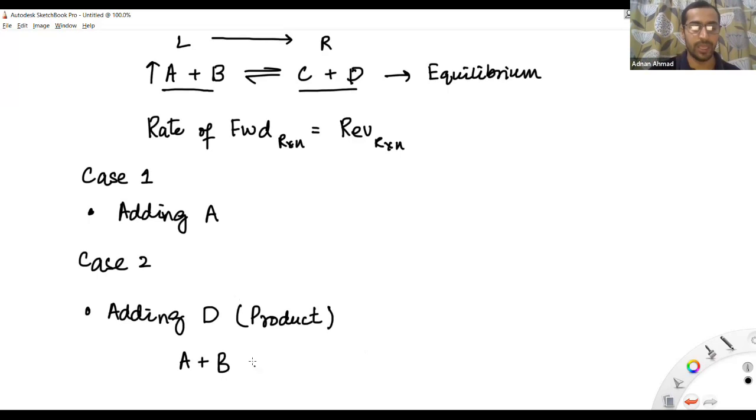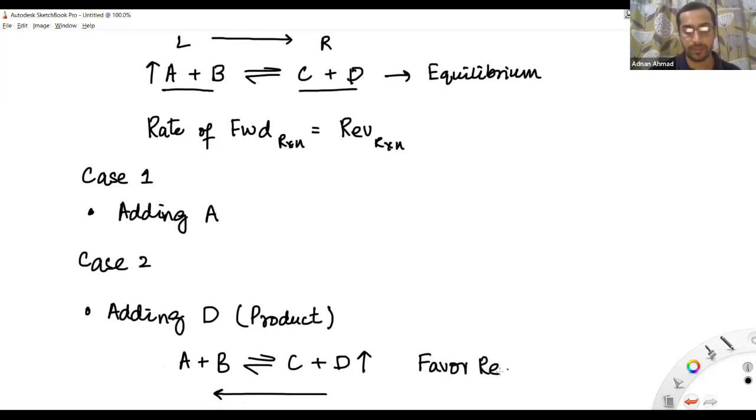So we have A plus B, and we have C plus D. If I increase the concentration of D, the reaction will move towards the left-hand side, right? And more reactants will be formed. So it will favor reactants. And in this reaction, here we are favoring products.